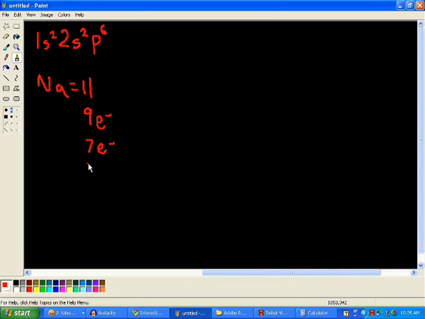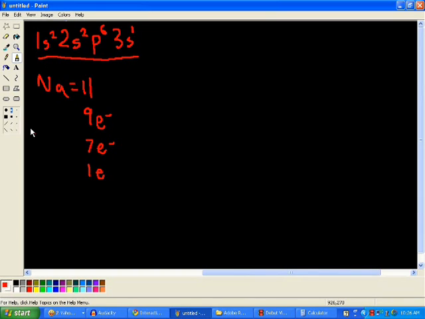That would leave us with only 1 electron left to place. So we would go to the 3s subshell and just place 1. Even though it can hold 2, we have no more electrons to place, so you just have to put 3s1. And this is the electron configuration of sodium.